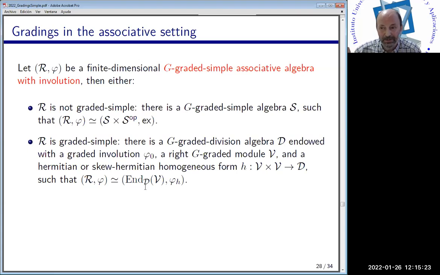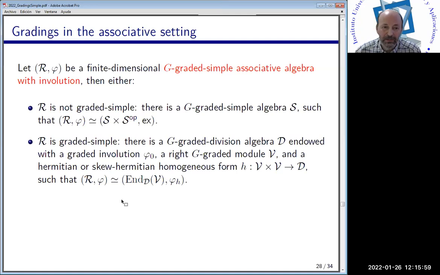graded division algebra, like this grading by the Pauli matrices. So this D is not in general a division algebra, but a graded division algebra. And then the involution comes from either a Hermitian or skew Hermitian homogeneous form. And then the problem translates into classifying graded division algebras and Hermitian or skew Hermitian forms on vector spaces over graded division algebras.